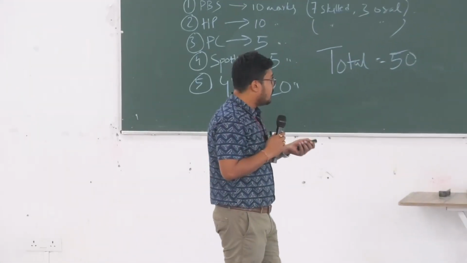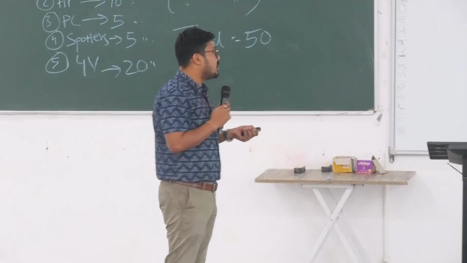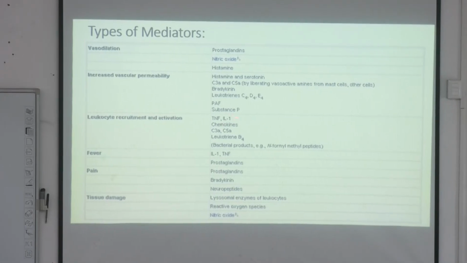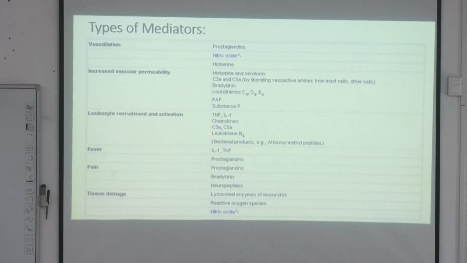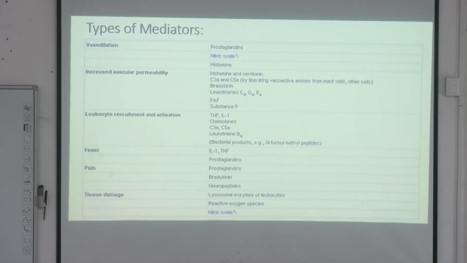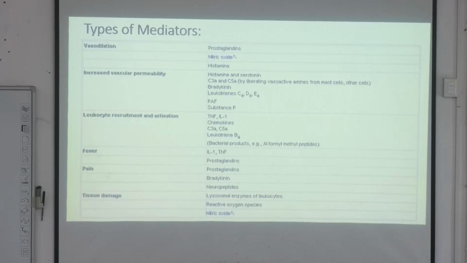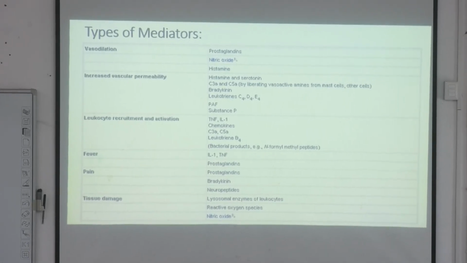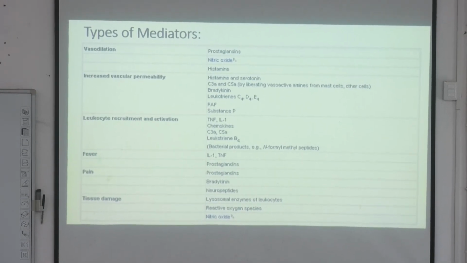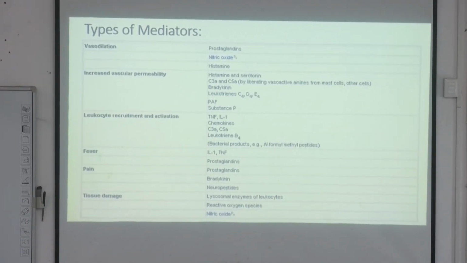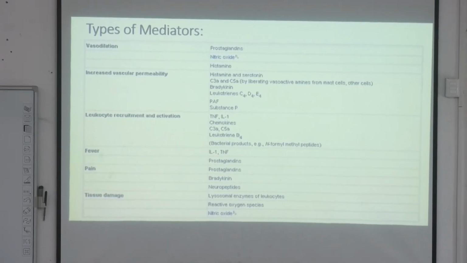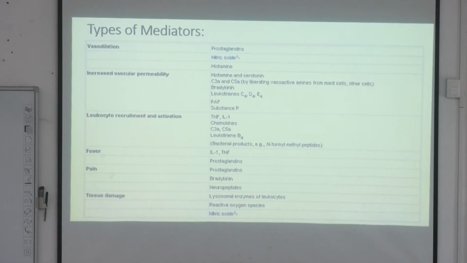namely vasodilatation, or an increase in vascular permeability. Next, leukocyte recruitment and activation are attributed to the mediators TNF, interleukin 1, chemokines, C3a, C5a, leukotriene B4, etc. The rolling of leukocytes along the endothelial cell, leukocyte recruitment to the site of injury, then the leukocytes transmigrate from the vessel wall to the extracellular space with the help of various ligands.